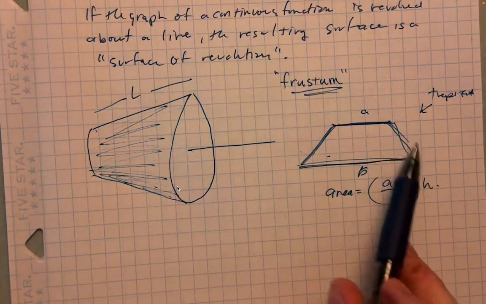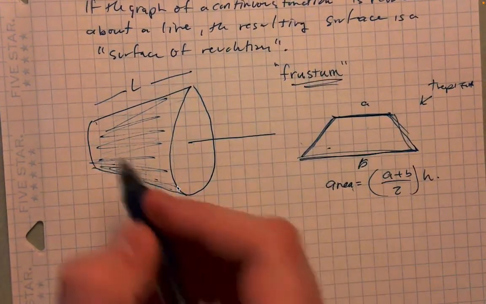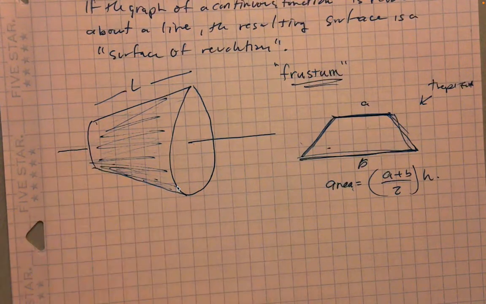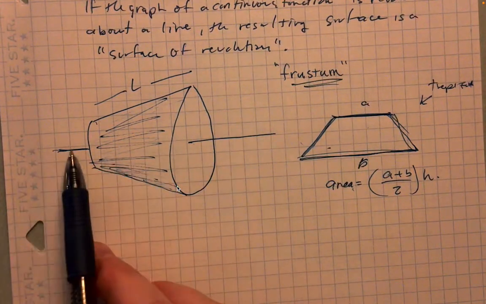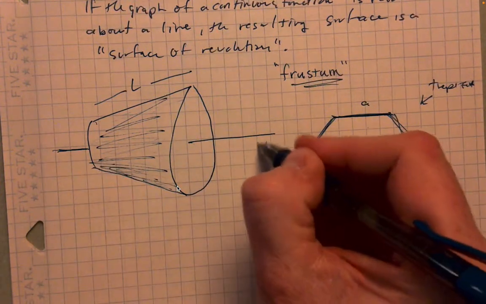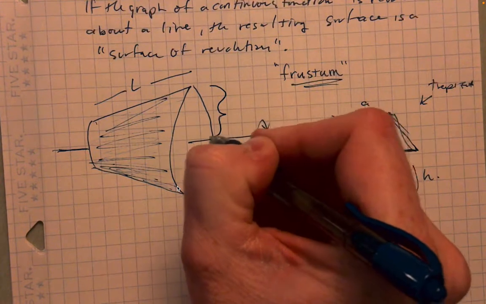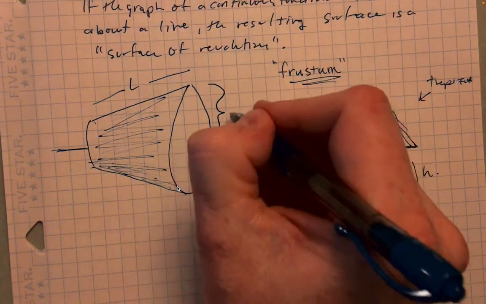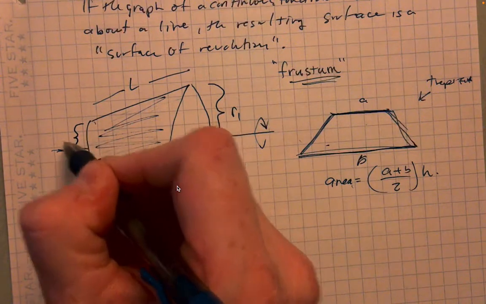Okay, we're going to do something a little bit different over here, but it's going to be based on this formula. So we're going to think of, right, you've got the axis of revolution, right? And then there's going to be a radius here, which we can call R1. And there's going to be a radius down here, which we could call R2.